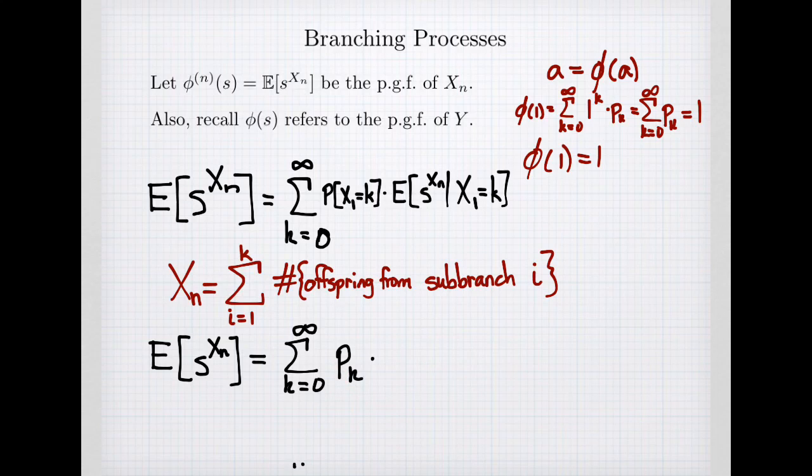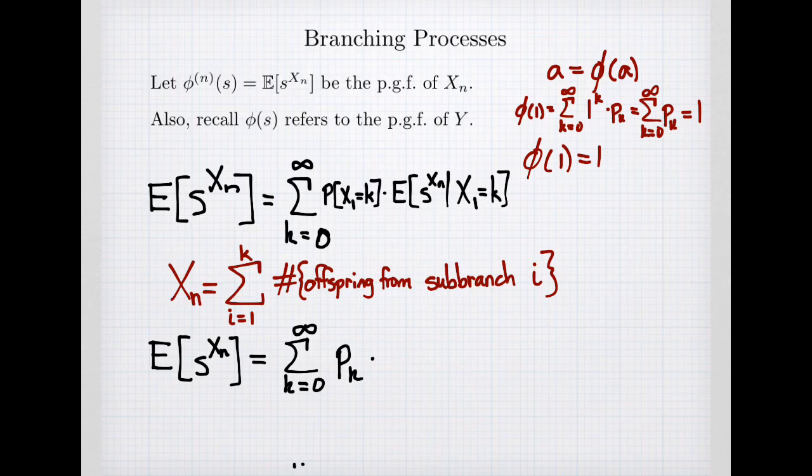What I'm now going to think of is this s to the xn is actually going to be s to the offspring from branch 1 times s to the branch 2 times s to the branch 3. Those are independent.